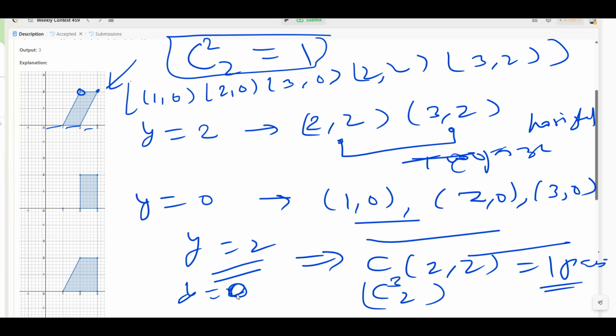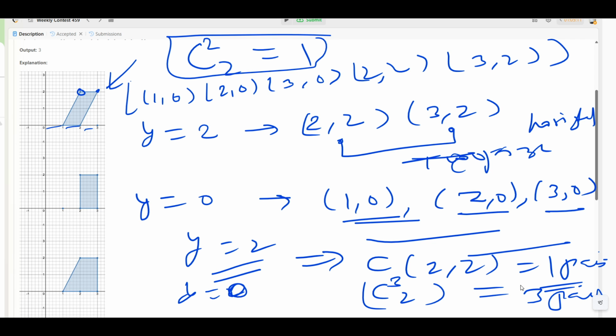Out of 3 points we have to choose 2 points, which means we get 3, nCr, I remember. So we take 3 pairs here.